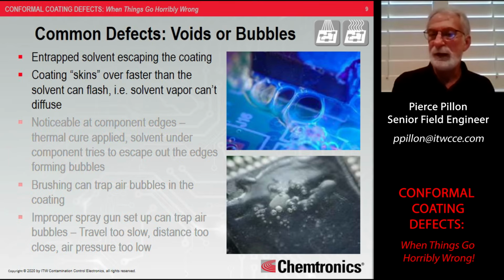Is it a defect? Depends on your criteria. According to 610A, maybe. If it satisfies that bridging criteria, then yes. But let's say it's way out on the edge of the board somewhere. It's in a non-populated, just a blank area. It's uninhabited by components.